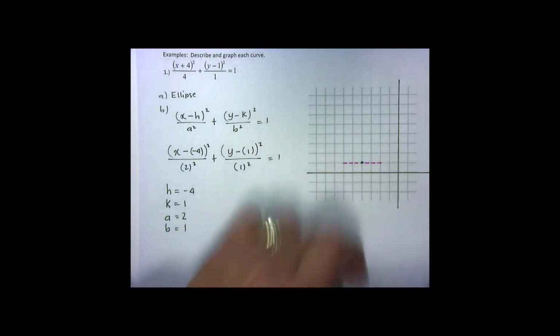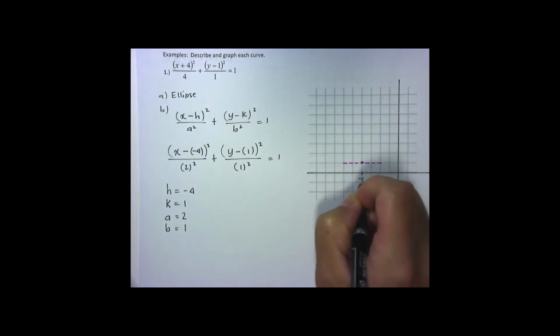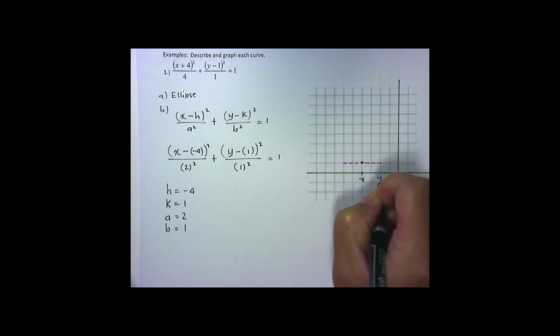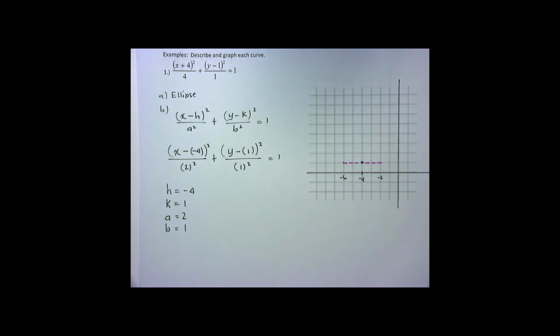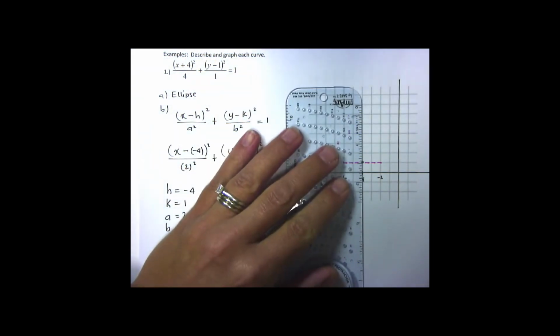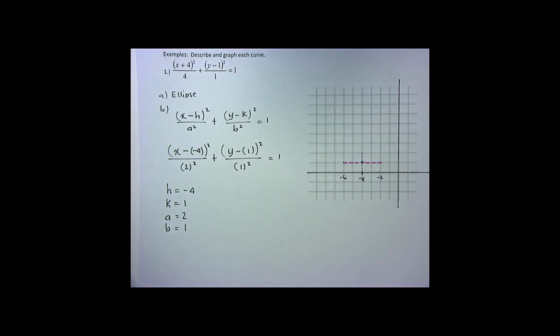Right here, this is negative 4, this is negative 2, which means this is negative 6. And then my minor axis, b, is equal to 1, so that'll be over here. All right, so here's my ellipse.